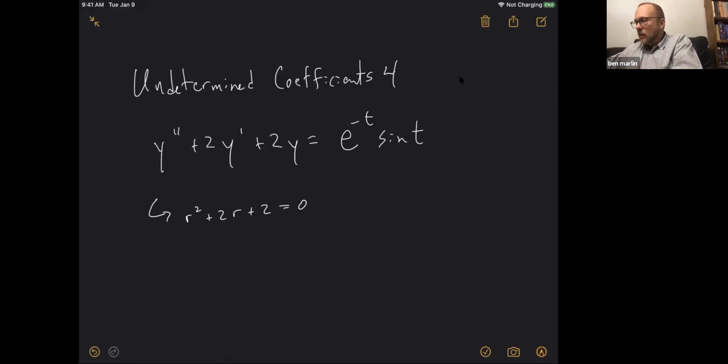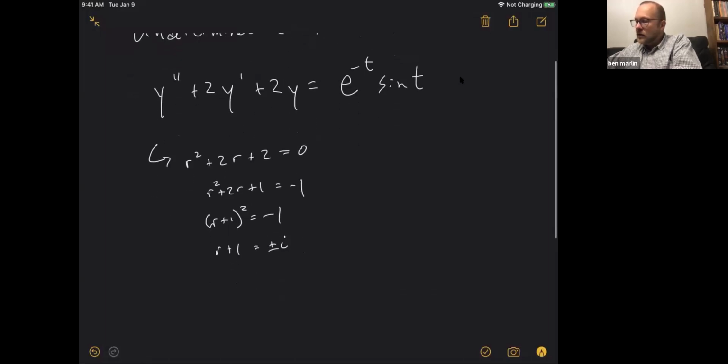If you want to, you could just use the quadratic formula on this, but I find that being able to spot what's going on with completing the square is a little bit of an advantage.